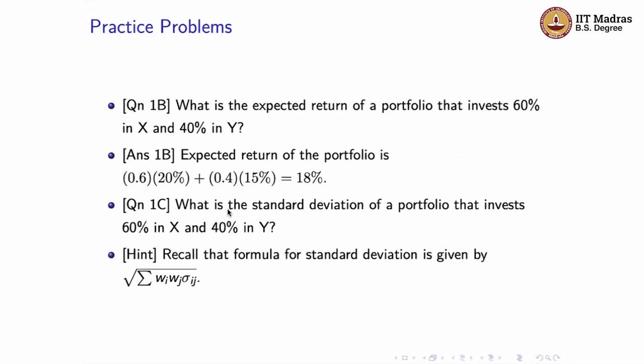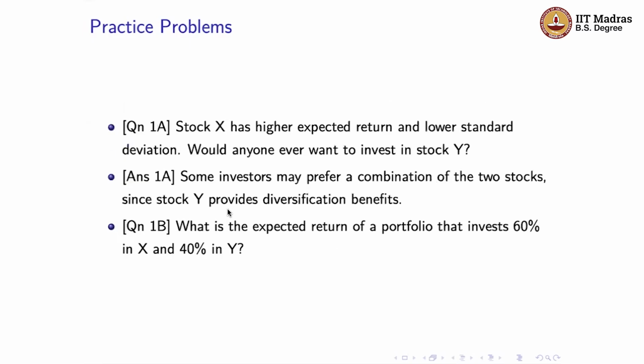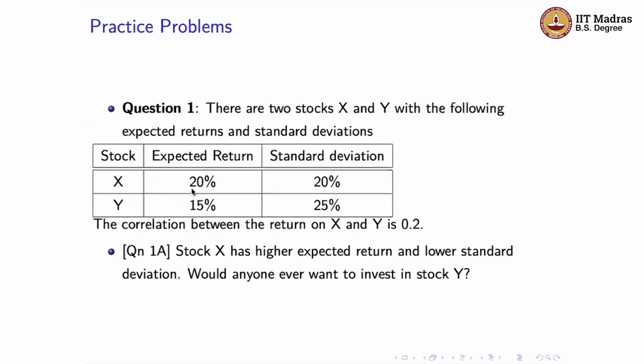So here, the weight of asset X in the portfolio is 60% or 0.6, and the weight of asset Y is 40% or 0.4. So we just need to look up the expected return of X, which is 20%, and the expected return of Y, which is 15%.